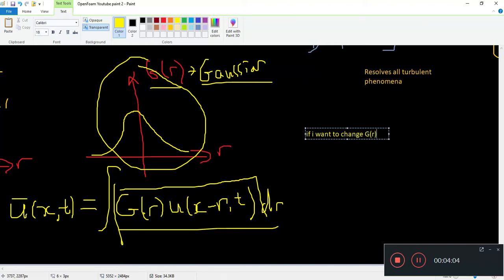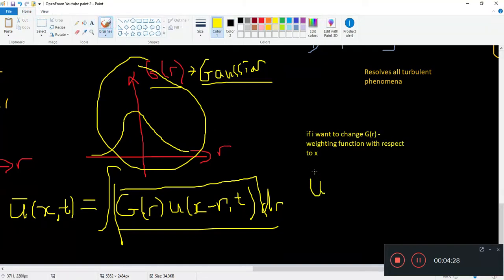G of R is this weighting function I'm talking about, and if I want to change it with respect to x, I can do so simply by making G of R a function of x.